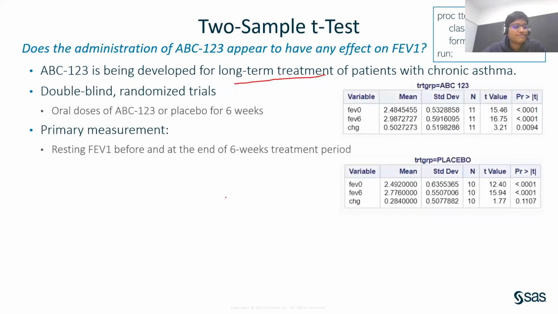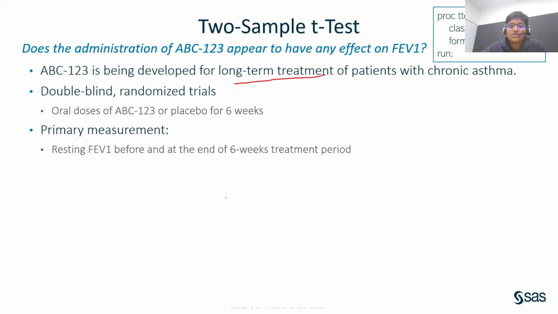Now, in order to look at this analysis, you end up doing something very simple. Notice this, you just have 4 statements, but this is the most basic of the analyses that you would do. You just write the TTEST procedure, PROC TTEST, and point it to the data. Since you're doing a 2 sample t-test, your 2 samples are one that has been administered ABC123 and the second that has been administered the placebo.